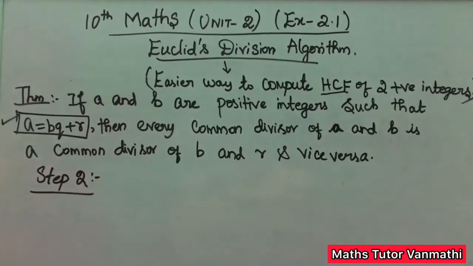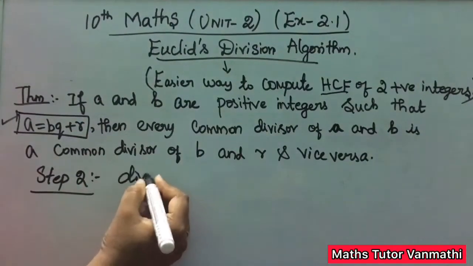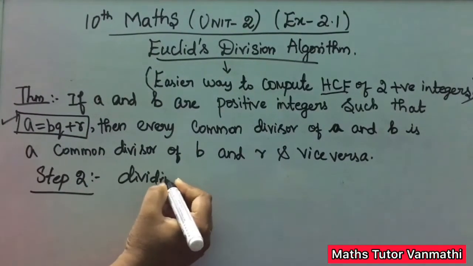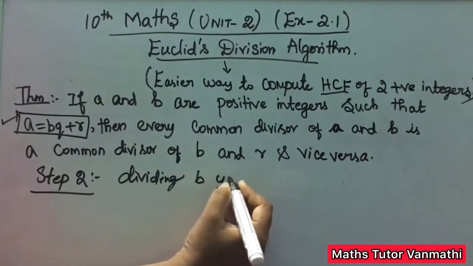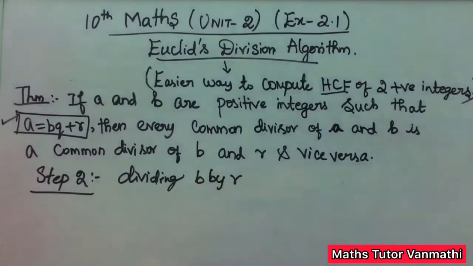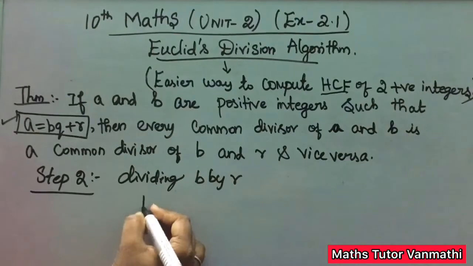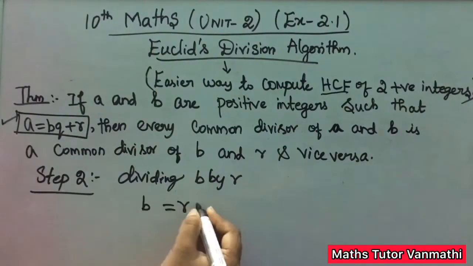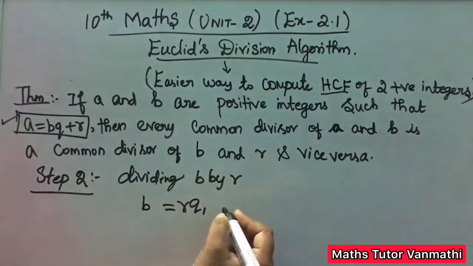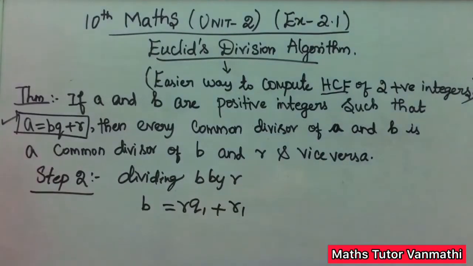Step 2 is otherwise applying Euclid's division lemma: divide B by R. Here we are dividing B by R to get B is equal to RQ1 plus R1.